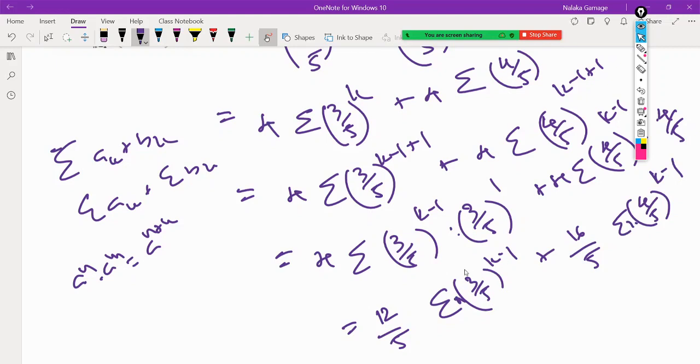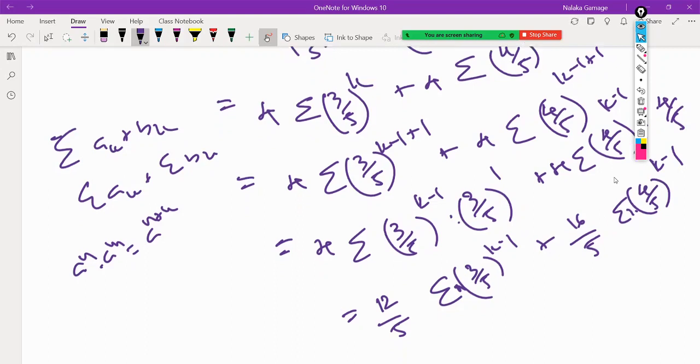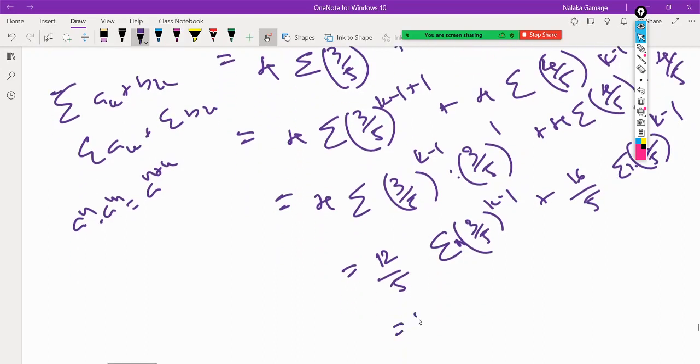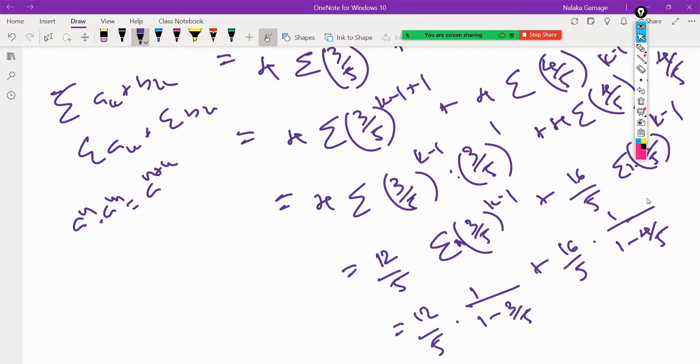Now r is 3/5, which is between minus 1 and plus 1. 4/5 is also between minus 1 and plus 1. Therefore, they are convergent, and the value is a divided by 1 minus r. So this is 12 divided by 5 times a divided by 1 minus r, with a is 1, 1 minus 3/5, plus 16 divided by 5 times a 1 divided by 1 minus r, where r is 4/5.